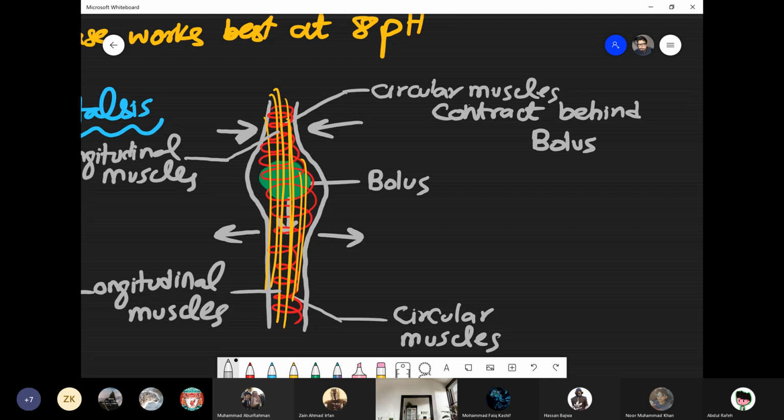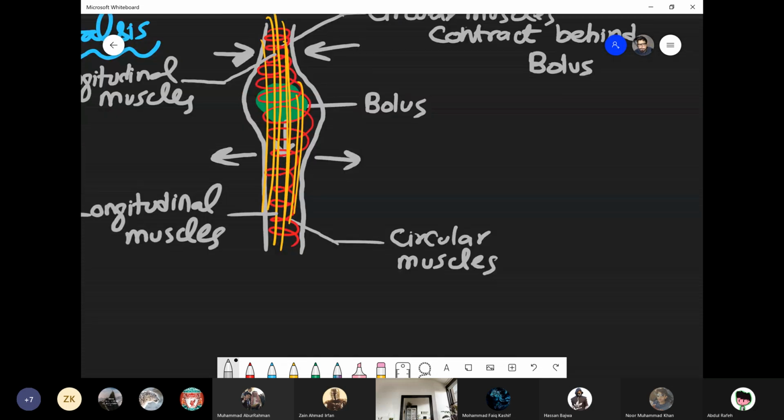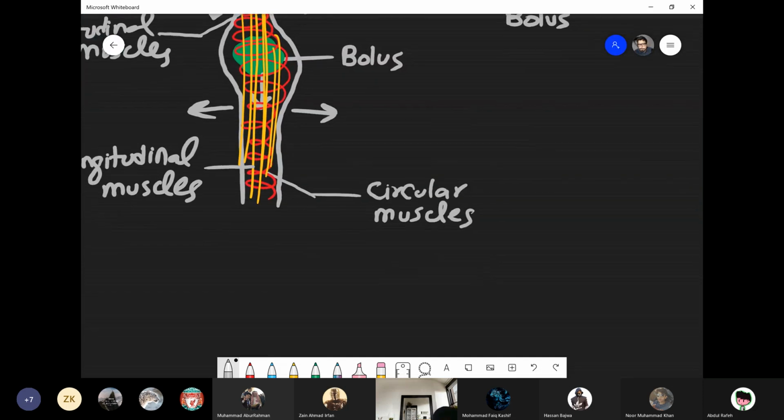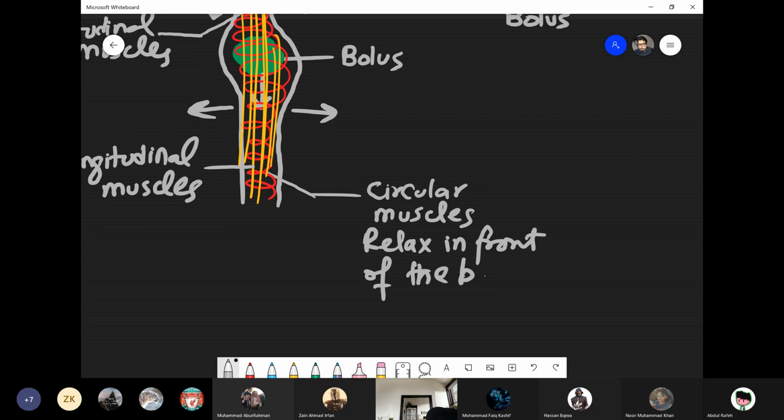Now when the circular muscles contract behind the bolus, at that time the circular muscles relax in front of the bolus.